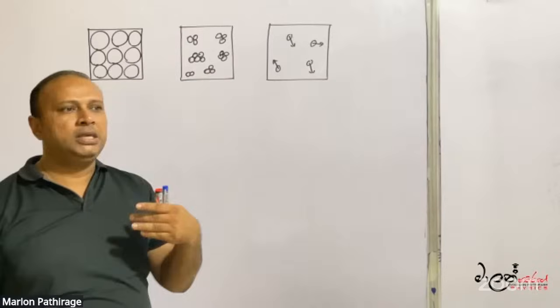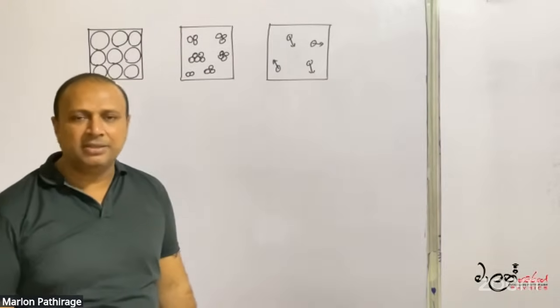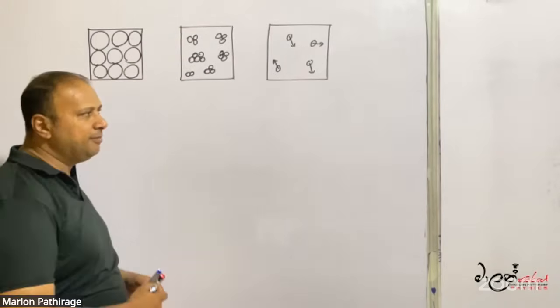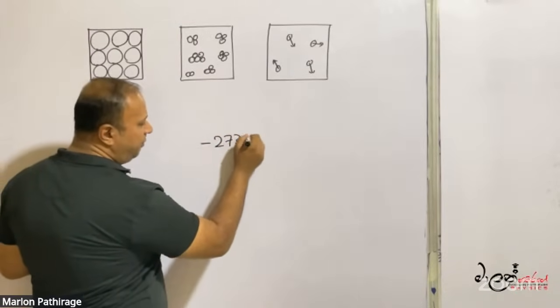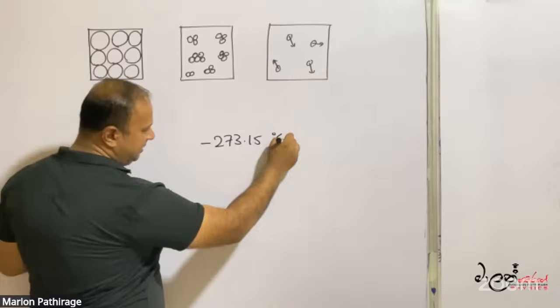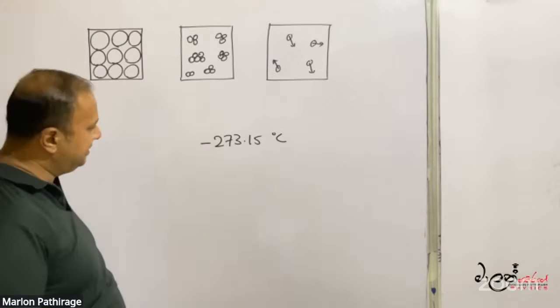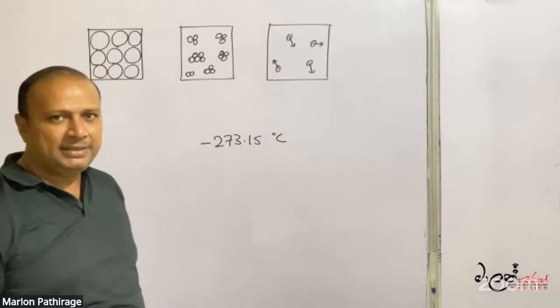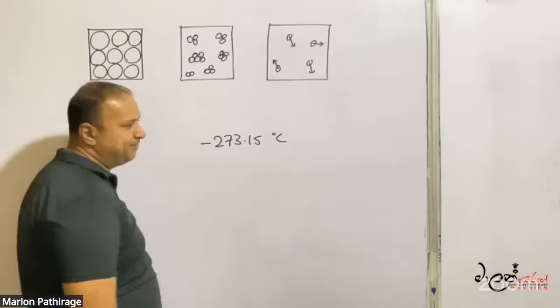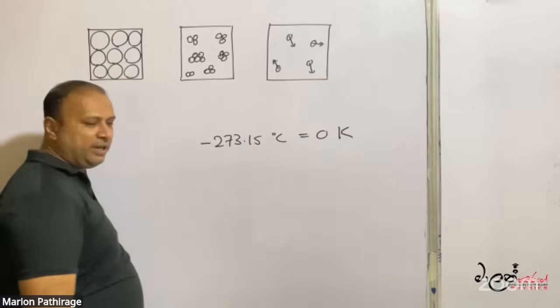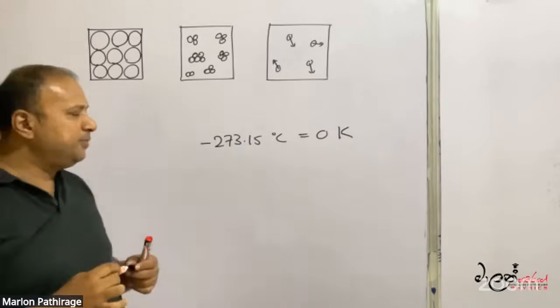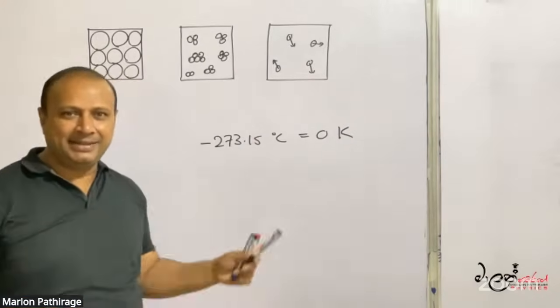Actually, we cannot reach that temperature. The temperature is equal to minus 273.15 Celsius. We call it 0 Kelvin. So absolute zero means that temperature.